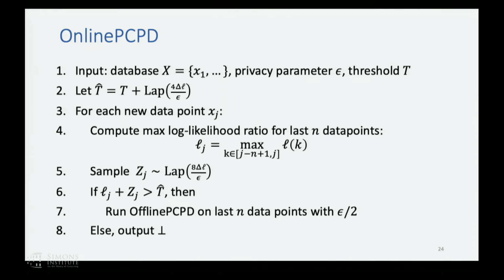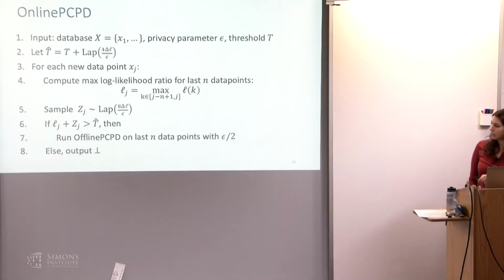And if yes, then we're going to run the offline algorithm on these last n points, and we're done. If not, then we'll just continue this loop until we find some point at which we think a change occurred.